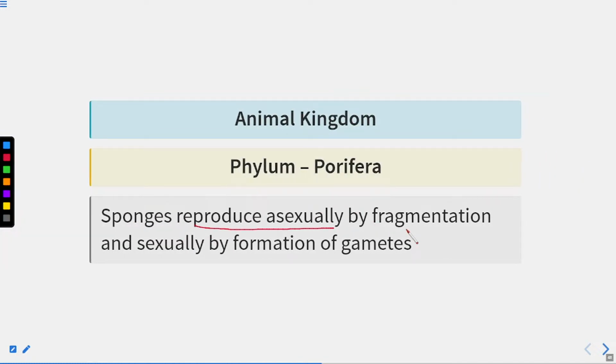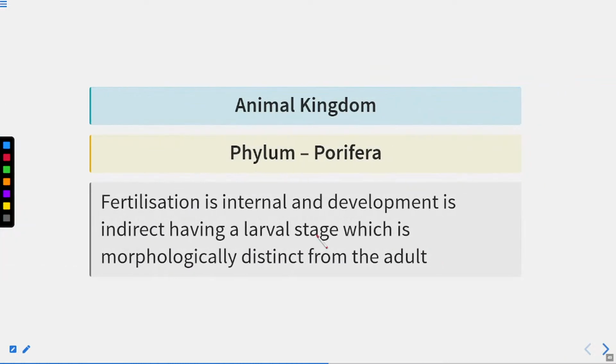Sponges reproduce asexually by the fragmentation method and sexually by forming the gametes. So, fertilization is internal and development is indirect. Indirect means they form larva. When the organism forms a larva, its development is called indirect, right?